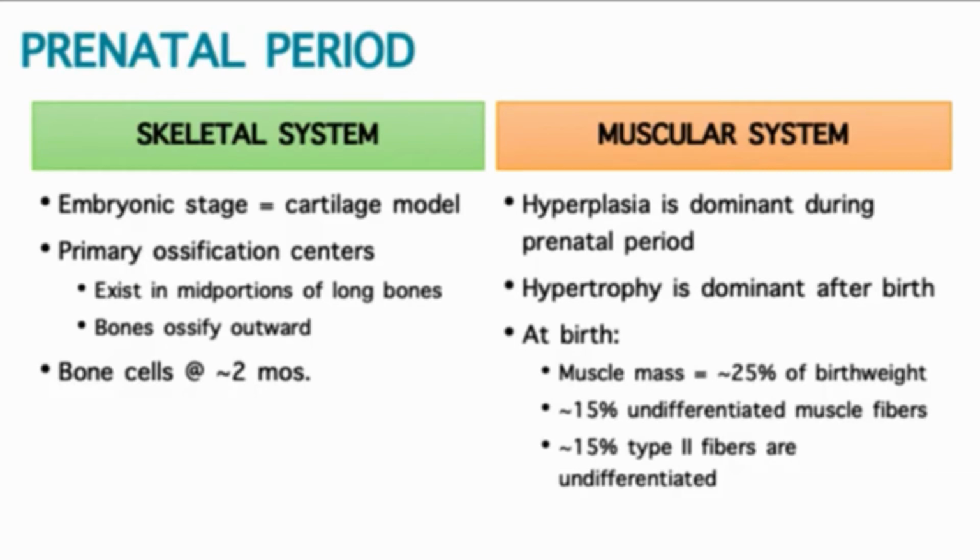And then after birth, when we start to engage with our environment and we're conducting ourselves in more and more differentiated activities, we can then start to build the size of those fibers and increase our muscular strength. So at birth, typically we see that muscle mass makes up about 25% of the birth weight. 15% of muscle mass is comprised of undifferentiated muscle fibers.